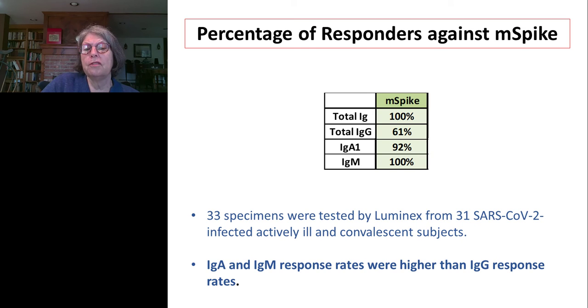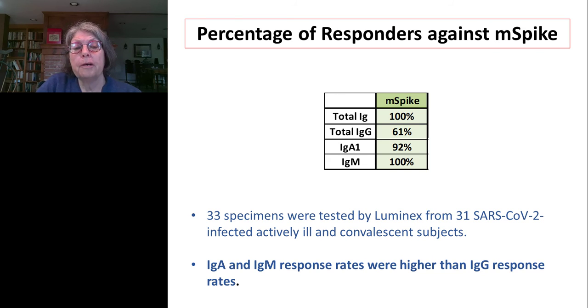But a minority of them have IgG antibodies, 61%. 92% had IgA, and 100% had IgM. So of the 33 specimens that were tested in this particular series of experiments, from 31 patients, the patients that we looked at were actively ill, or the majority of them were convalescent, and the IgA and the IgM response rates were higher than the IgG response rates, which was not expected.